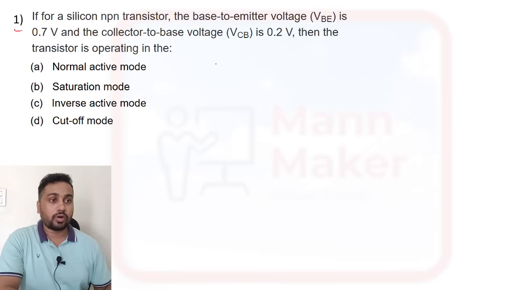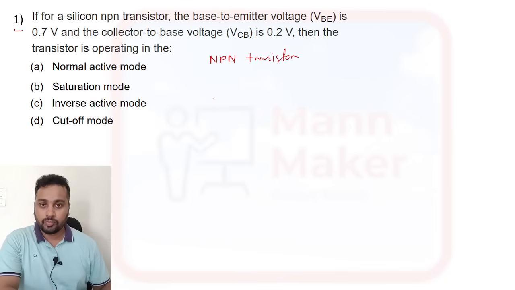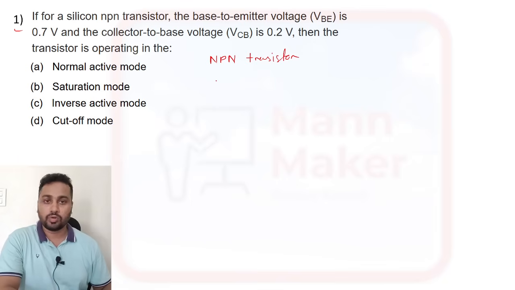If you talk about an NPN transistor, when biasing happens, it has four kinds of regions or modes, operating regions you can say.